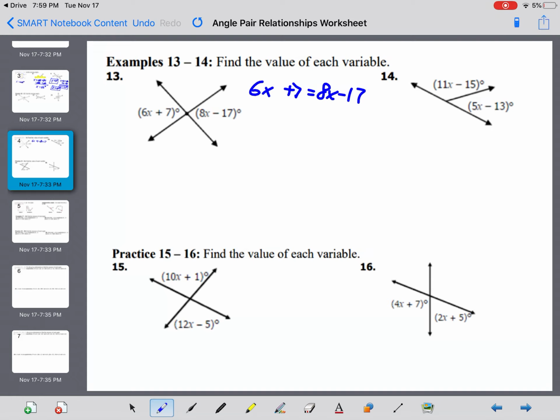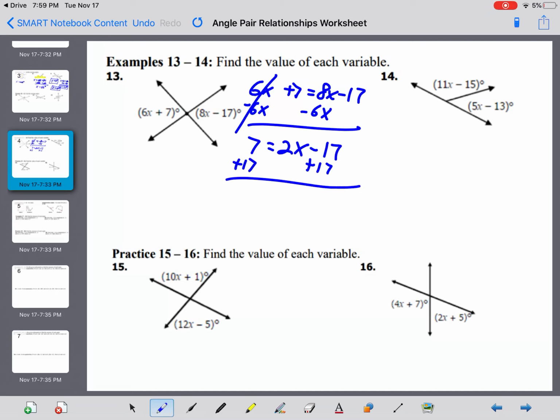We've got to get those x values together, so minus 6x on both sides. 7 equals 2x minus 17. Add 17 to both sides, and 24 equals 2x. Divide by 2, and x equals 12.